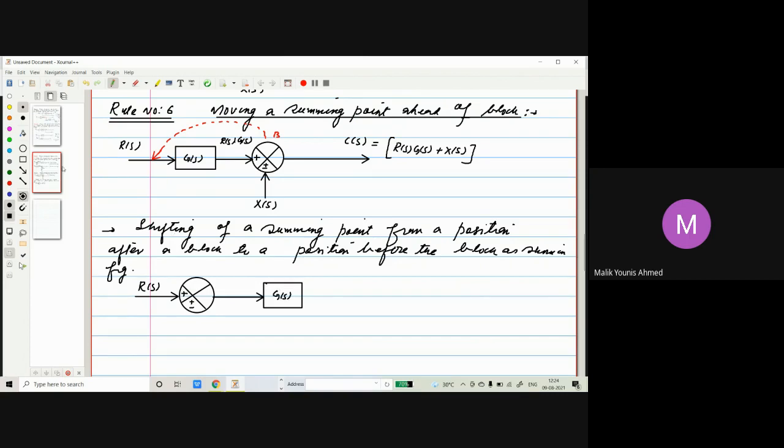And also what we know, the output of the circuit, is C of S, and that value of C of S, we'll write it here, we know this already, that should be R of S G of S plus minus X of S. That's above only.